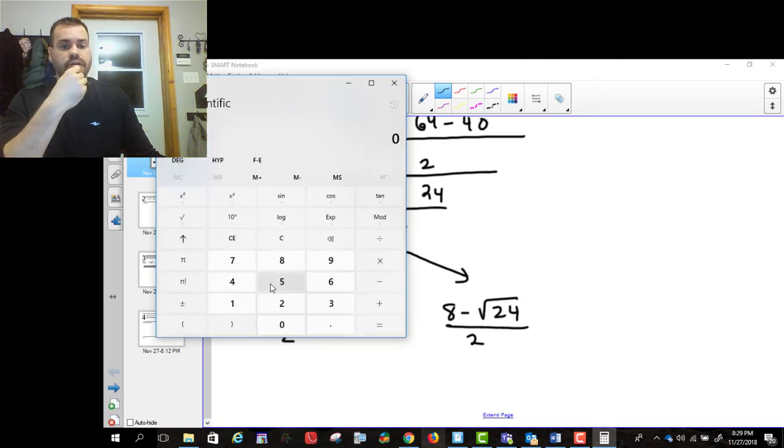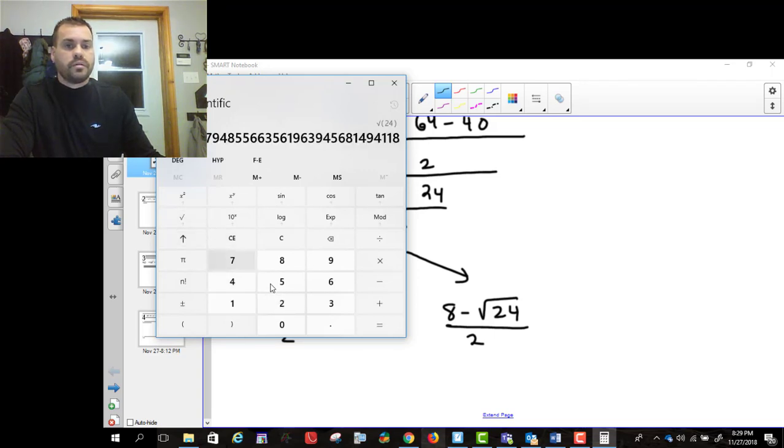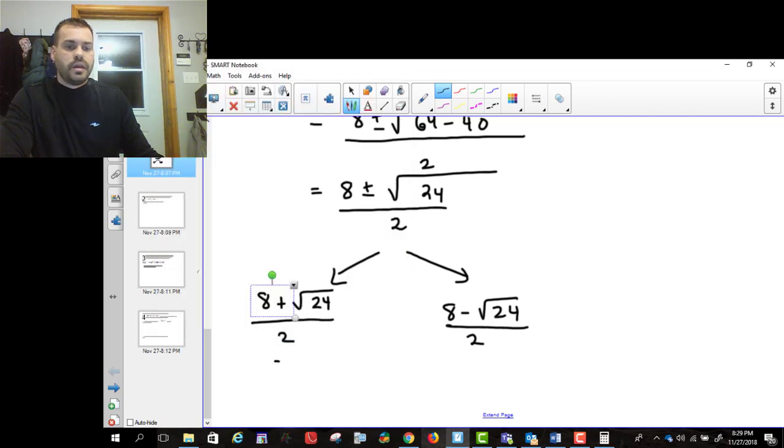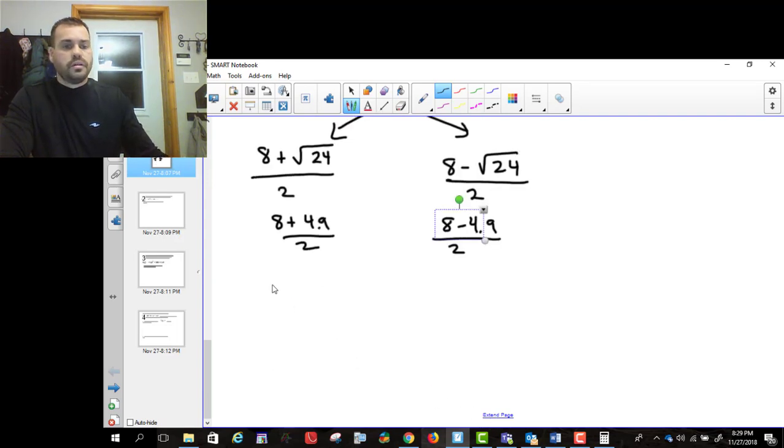It's close to 5, right? The square root of 25 is 5. So if we put 24 in and take the square root, it gives us 4.9, I'm going to say. So we're going to go 8 plus 4.9 divided by 2, and 8 minus 4.9 divided by 2. That gives me 12.9 divided by 2, and 3.1 divided by 2.